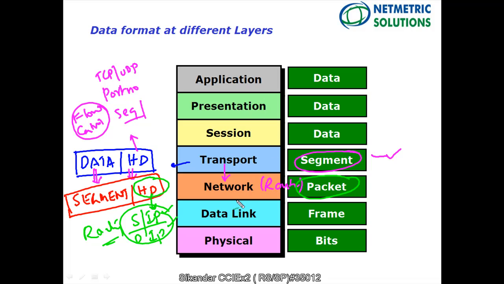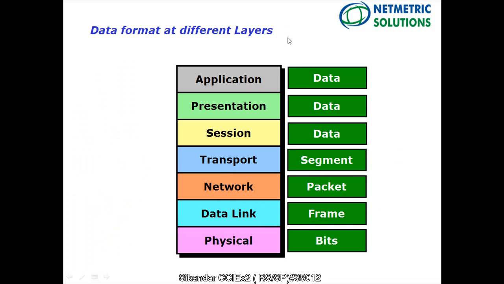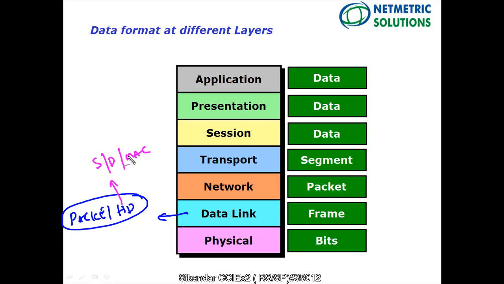Once the packet reaches the data link layer, the data link layer adds some more extra header information, and this header has the source and destination MAC addresses.